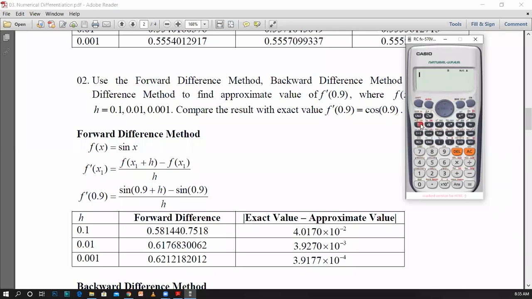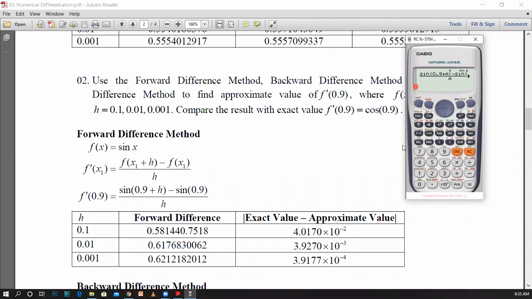Since you are using the sine function, we have to convert our calculator into radian mode, because these are given as radians, not degrees. Then we insert this function in the calculator: sin(0.9 + h). Instead of h I am using a, then minus sin(0.9), then divided by a.